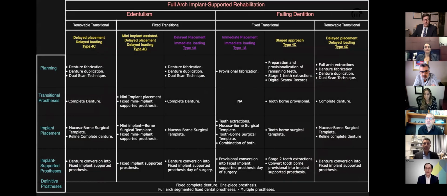So I'll show you this table. It's a little bit busy, but you have basically 2 different possibilities. We are treating an edentulous patient that comes to you already edentulated, or you are treating a patient with a failing dentition.